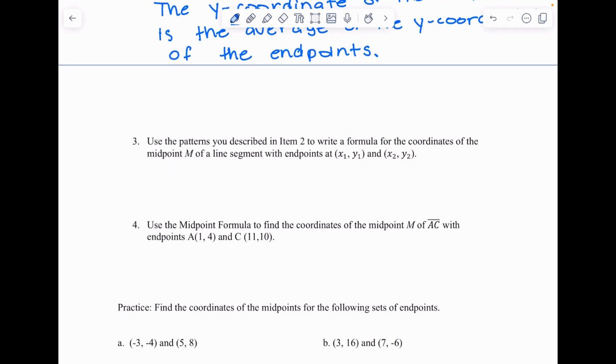If we had the following endpoints, x1, y1, and x2, y2, we are going to add the x values together and divide by 2 to find the average of the x's, and we're going to add the y values together and divide by 2 to find the average of the y values. Whatever the average of the x coordinate is ends up being the x coordinate for the midpoint, and whatever the average of the y endpoints are ends up being the y coordinate for the midpoint.